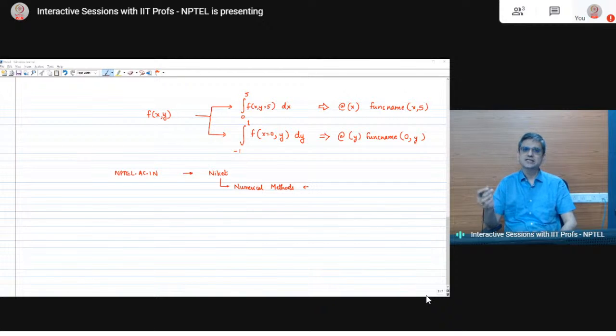Let's say you require tan inverse in your code. I will verify whether you are using atan as the command. If you need ln, the natural logarithm, I will verify whether you are using log. If it's log to the base 10, I will verify whether you are using log10. But I will not be nitpicky about the syntax for a 10-line code. But again, there's no 10-line code.